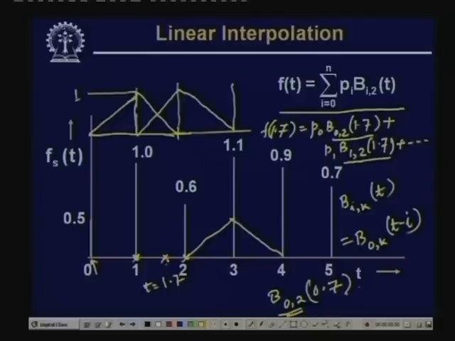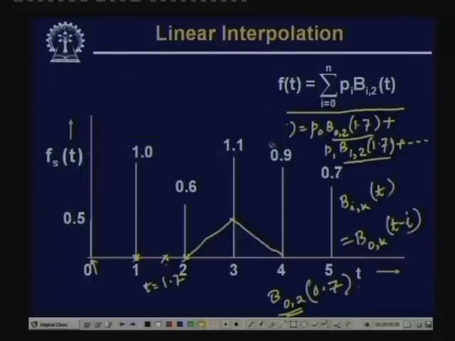And in that case, the value at this location, that is f 1.7, will now be given by, if I simply calculate this.